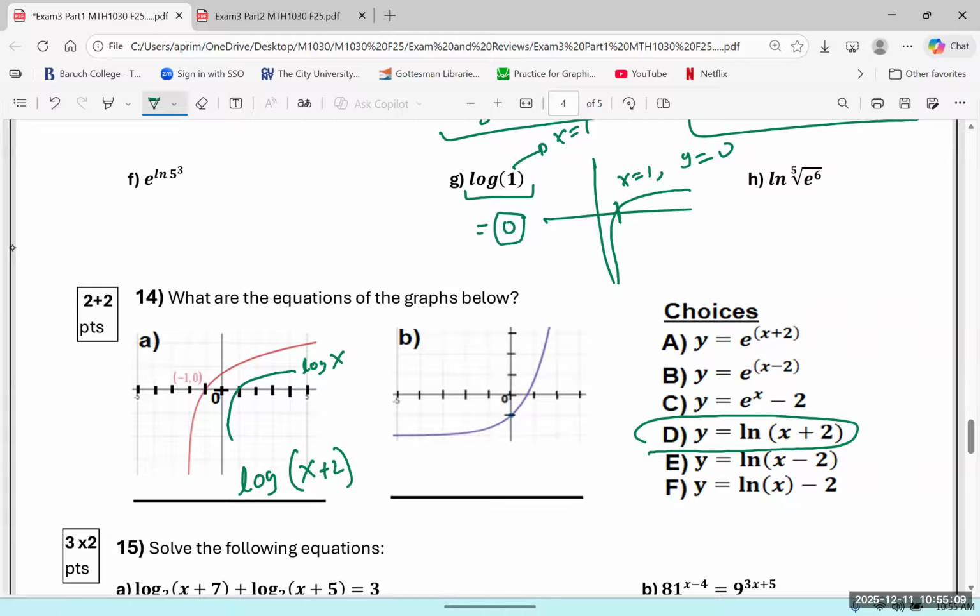So what type of graph is B? Log or exponential? That means you have to compare this with the original exponential graph. If you look at the original graph and the transform graph, how are you moving? Down, how many units? 2 units. 1, 2.